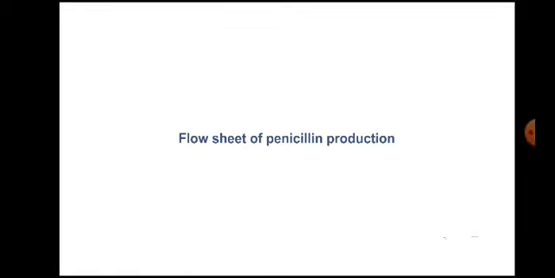This is the flow sheet for production of penicillin. So the first step is the spores from the working stock. They will go to sterile wheat bran nutrient solution, incubation for 5 to 7 days for heavy sporulation at 24 degrees Celsius, and these pre-germinated mycelial inoculum will be used to inoculate the production tank.